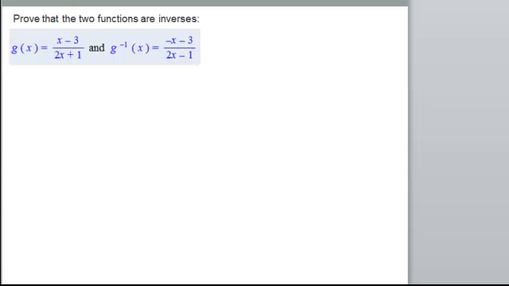Prove that the two functions are inverses. So what we need to do is show that g of g inverse is equal to x, and that g inverse of g is equal to x. Or you can show just one of them.